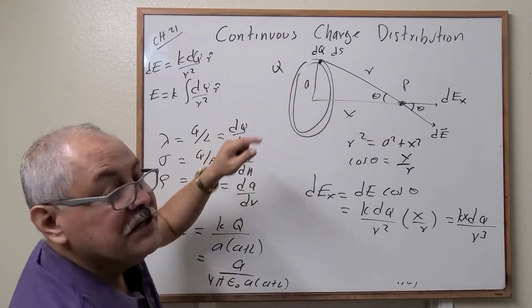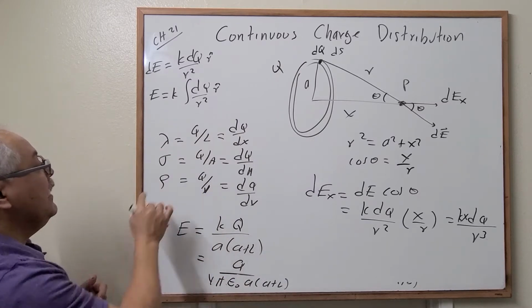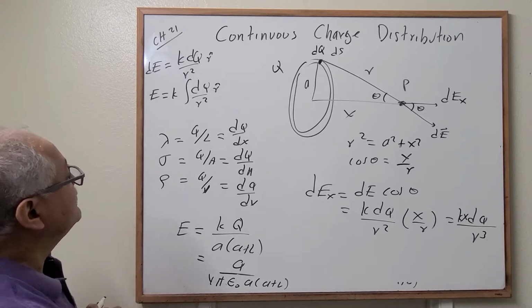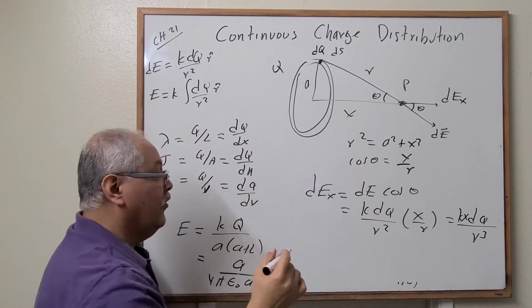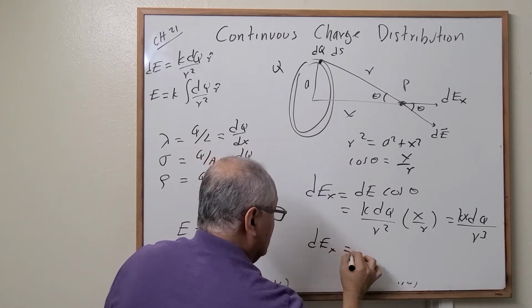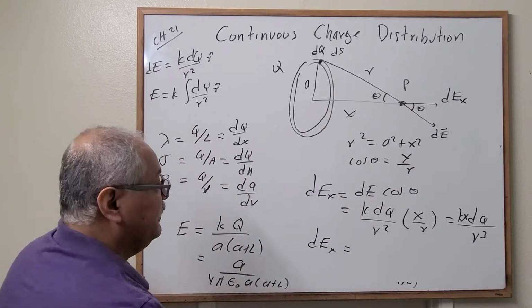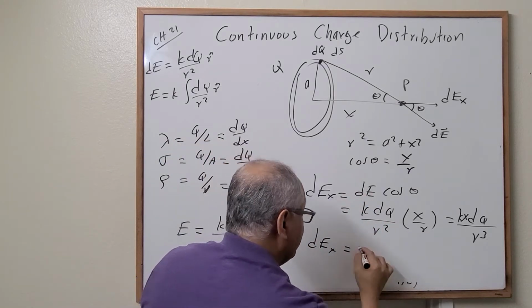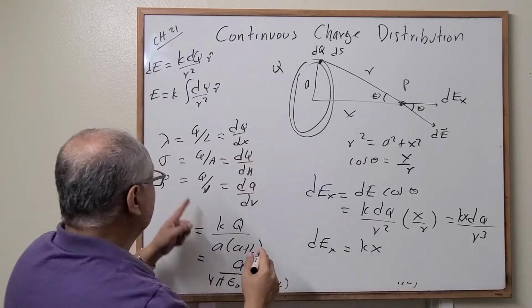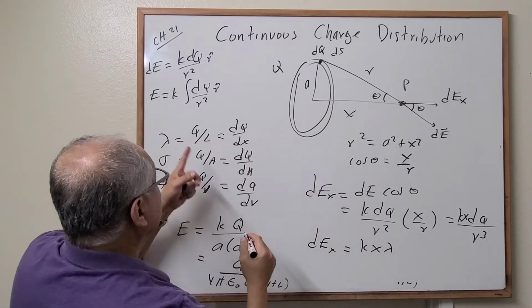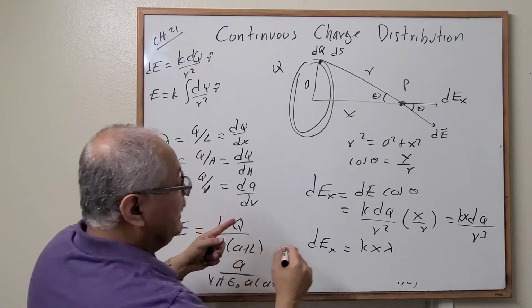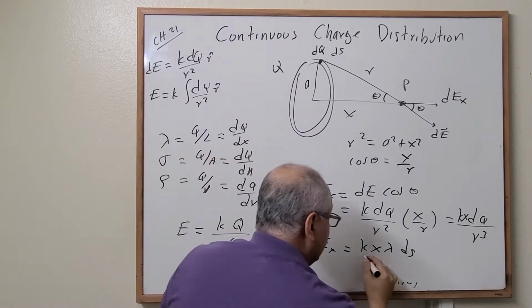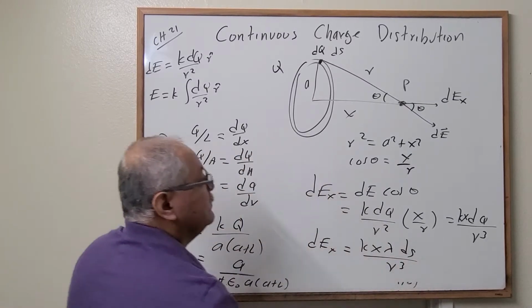One more time, this is a linear distribution, so let's use this density, dq equal to lambda times ds, the same as before. The component of this electric field is dE_x equal to k x lambda ds divided by r cubed.